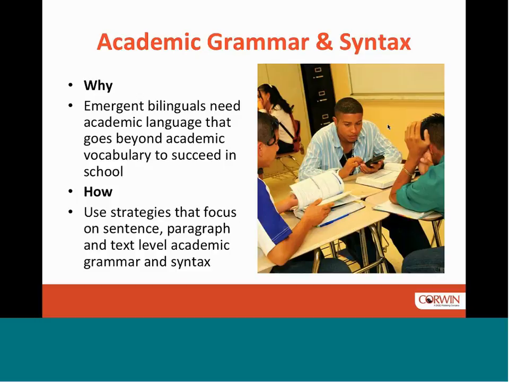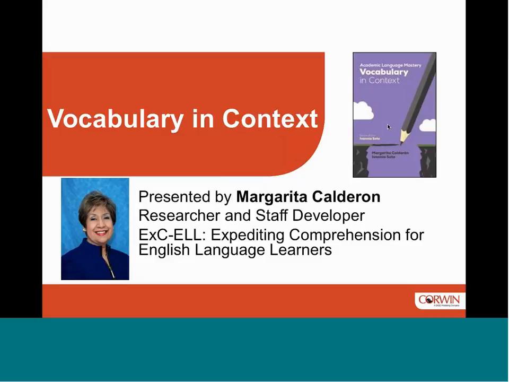And so to do that, we need to use strategies that focus on sentence, paragraph, and text-level academic grammar and syntax so that we can really have students who are academically prepared to work in all the different subject areas. We can move on.